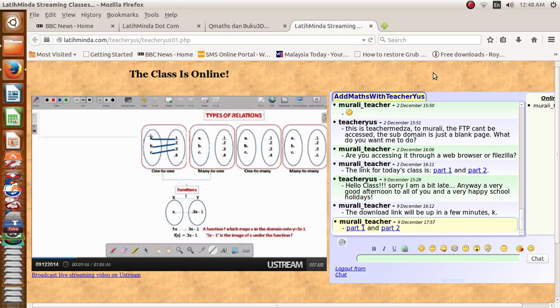A, B, and C are the objects. 1, 2, and 3 are the images, or we call it the range. And 4, not included here, we call just the codomain. So 4 is neither an image nor in the range. This is a one-to-one relationship.